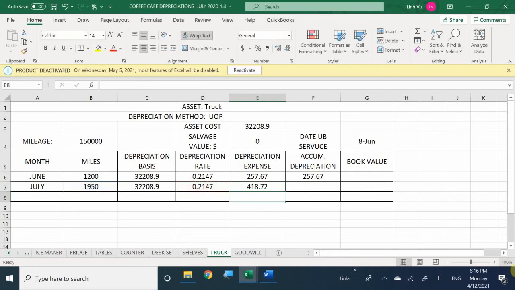And that's going to give us a total of $418.72. So once again, we're going to figure out what our accumulated depreciation is, which gives us a total of $676.39. So that's our depreciation for our truck.